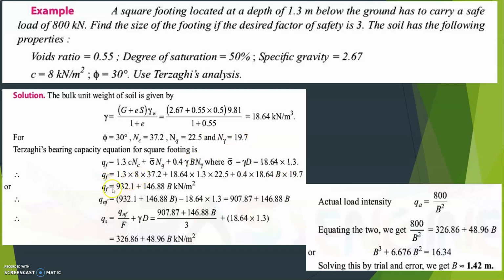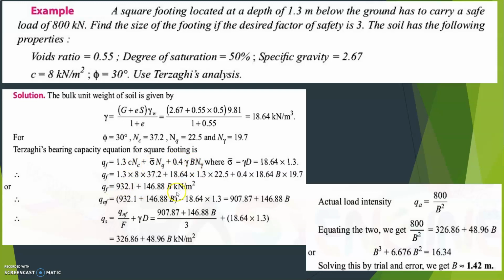Whatever answer you get will be in terms of B, so you cannot add that term to the other two. Those two terms you can add, but this term you cannot add because there is B. So you get this answer.